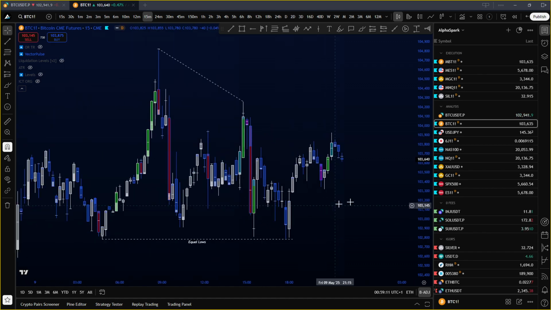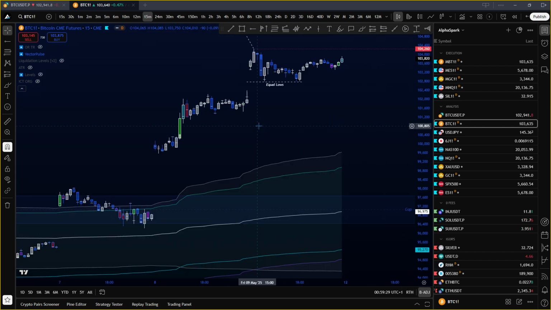That one is today. What, in my opinion, matters to New York on Monday is this high, because when you go on RTH, it's the only high that you see. So this is going to be Friday's New York high.